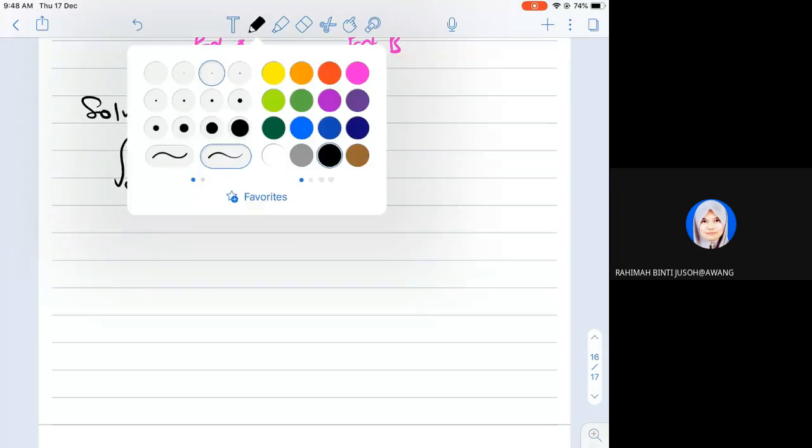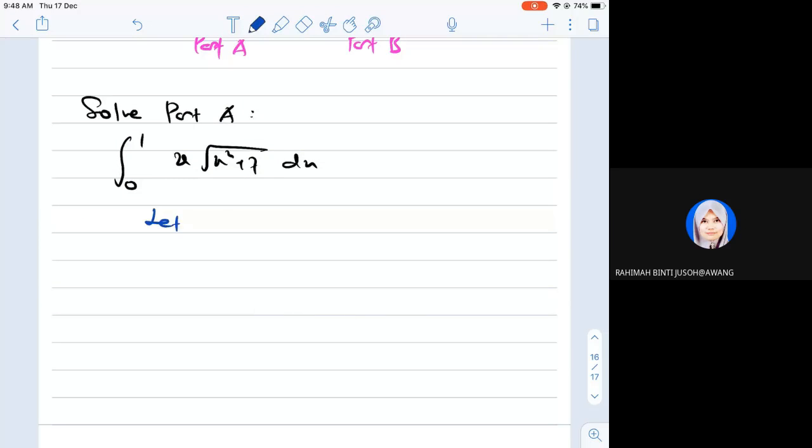Again, we need to use substitution. So we let u equals x squared plus 7. Differentiating u, we will get 2x dx. And then, okay, substitute the limit. When x equals 0, we have u equals 0 squared plus 7. So u equals 7.